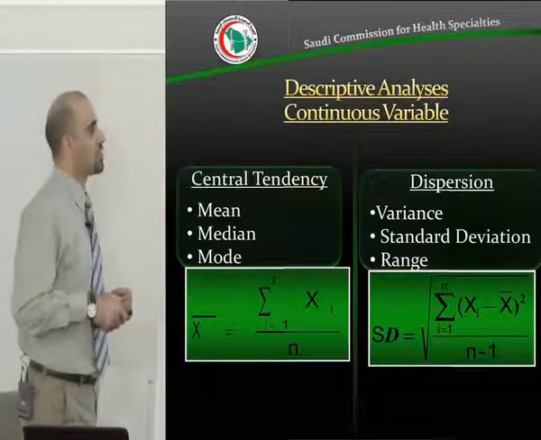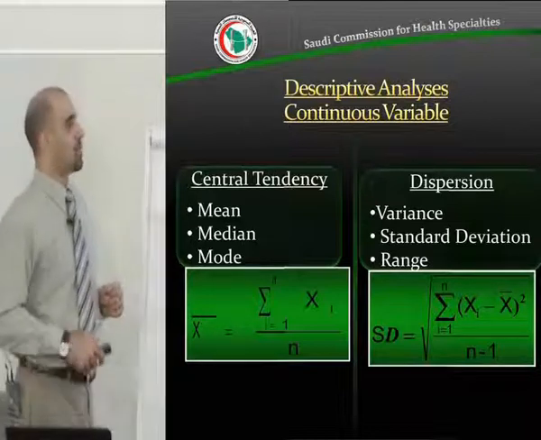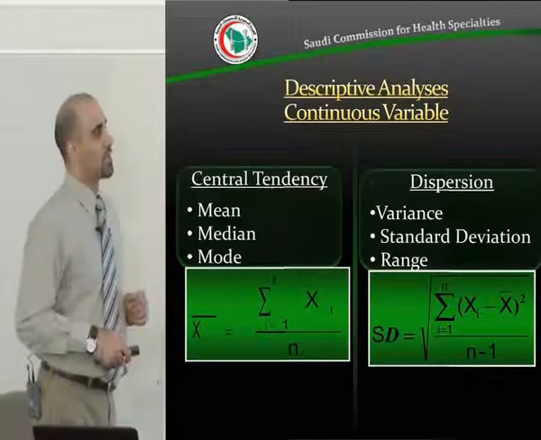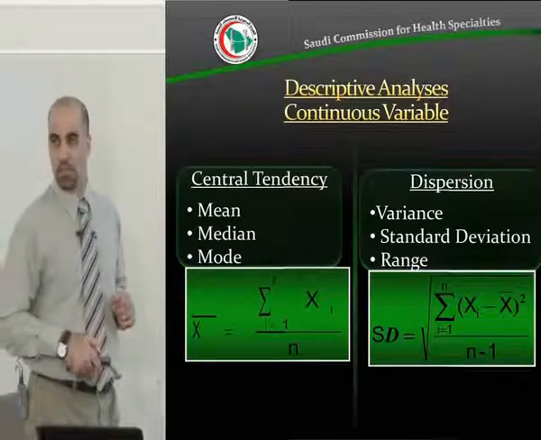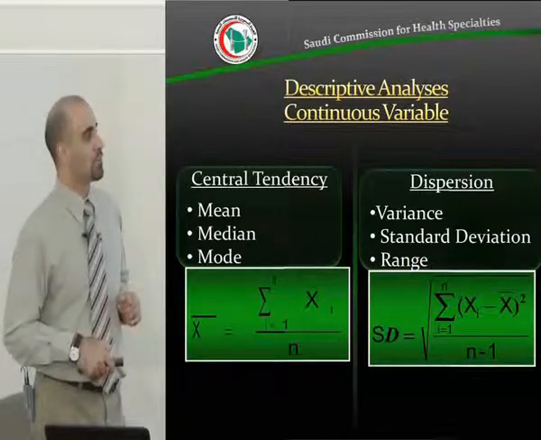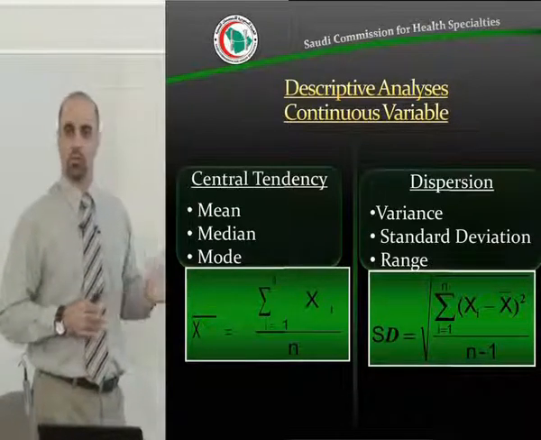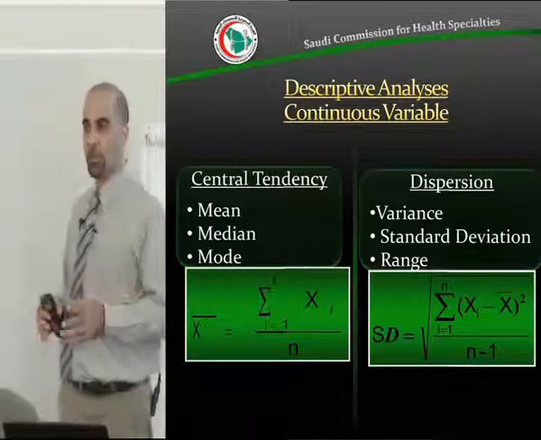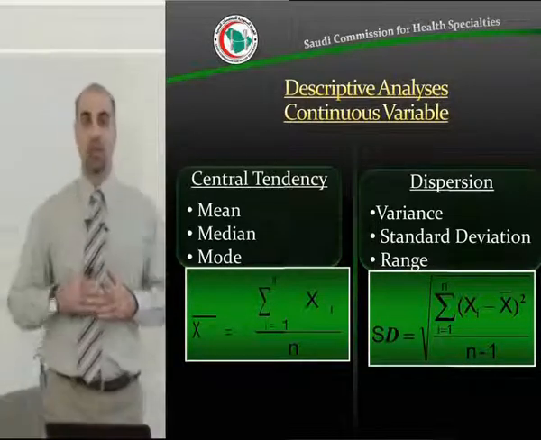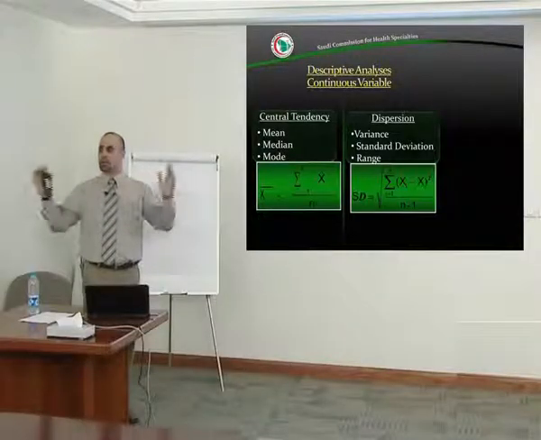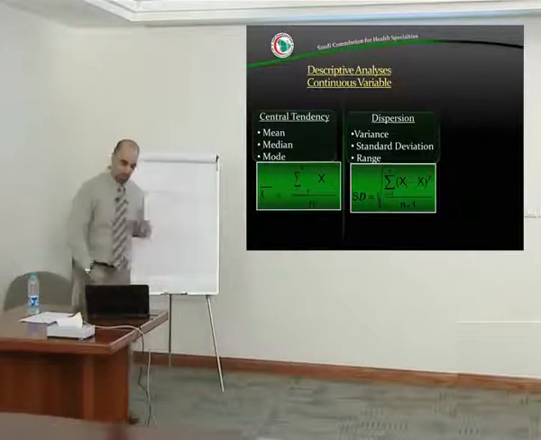The standard deviation is what we usually use, and this is the formula. The formula of the standard deviation is the difference of each person from the mean. We square it, divide by the sample size, and take the square root. I don't want to get into details about the formula, but the higher the standard deviation, the more variability, the more spread, the more dispersion I have in my data.